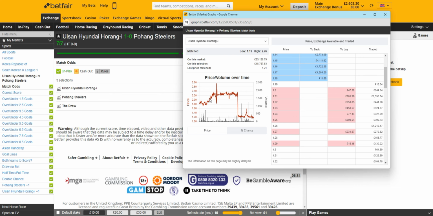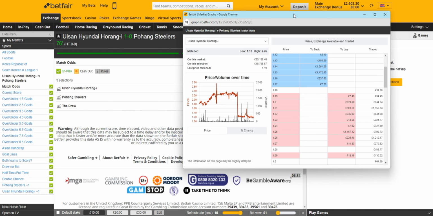And as you can see here, Ulsan started around 1.9 and then kind of moved around and actually drifted out above evens and got up to nearly 2.8 at one point, which is really interesting. So basically, you could easily get above evens here on a selection that you felt had a really good chance of winning, certainly of leading in the match.